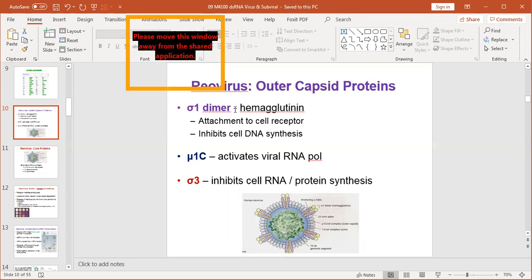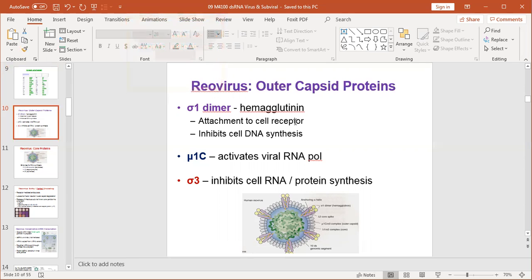Sigma 1 dimer, or hemagglutinin, participates in the attachment of the virus to host cell receptors, and it also inhibits host cell DNA synthesis.